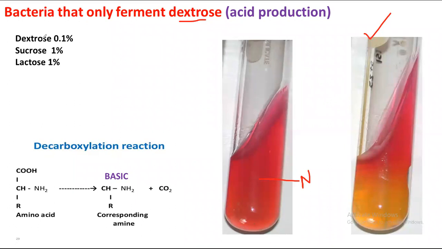What does this mean? In the TSI we have dextrose at a concentration of 0.1%, sucrose at 1%, and lactose at 1%. But here the dextrose amount is a bit lower, at 0.1%.